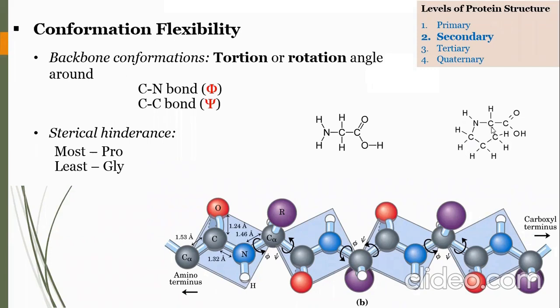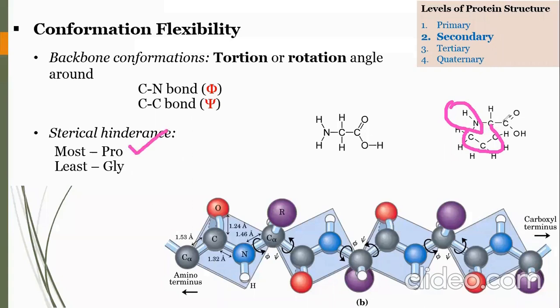If you can see, this is the amino group of the amino acid that is bound together with the alkyl group. So it will not be like the normal amino acid. The proline is not normal.